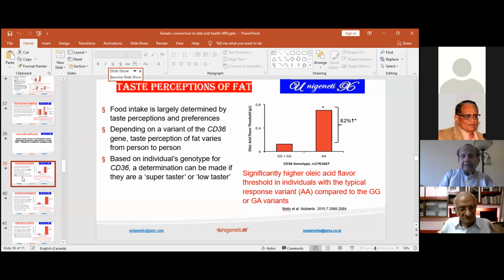And you can see that with the AA genotype of the CD36 gene, there's a high taste perception. In the other two, it is low. So again, you have to realize that somebody eating too much fat, too much butter, too much ghee has a high taste perception, therefore likes to eat the fat.